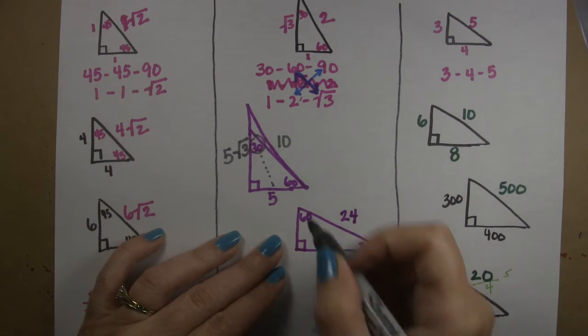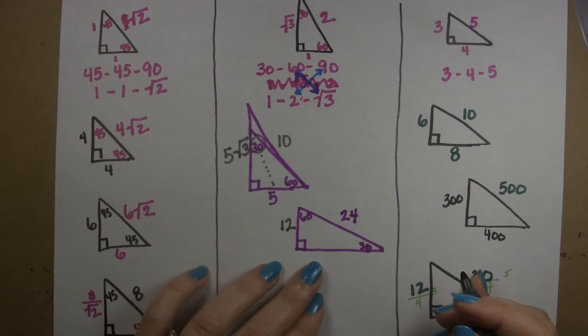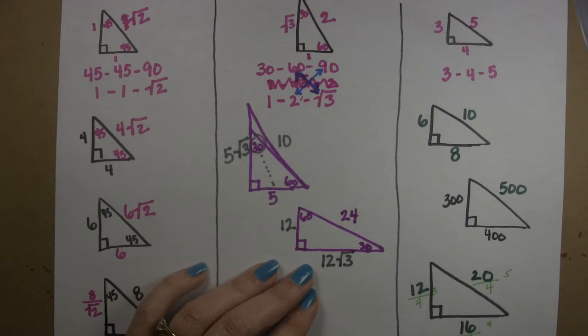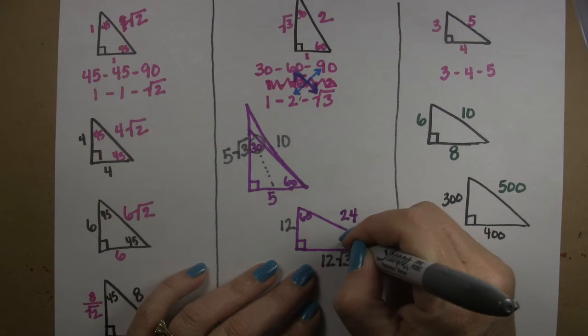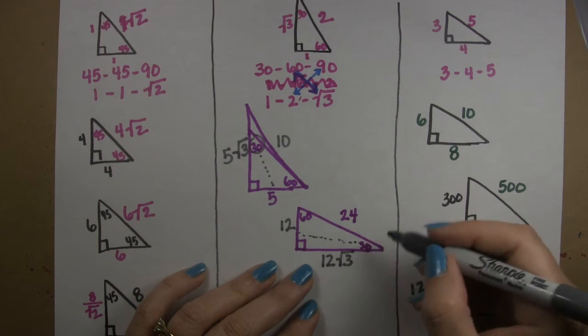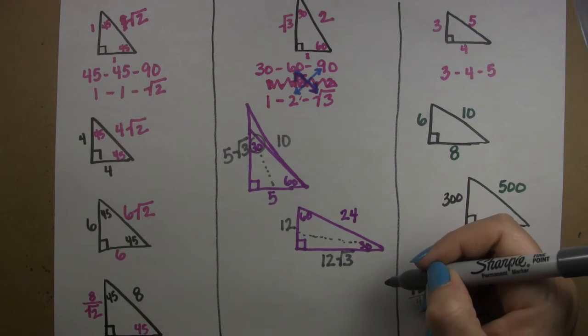So what's half of 24? 12. Once you figure out the short side, you can figure out the other side, 12 root 3. Because all you have to do is find the short side and plunk a root 3 after it. Again, notice that the short side, which is 12, is across from your smallest angle, which is 30 degrees.